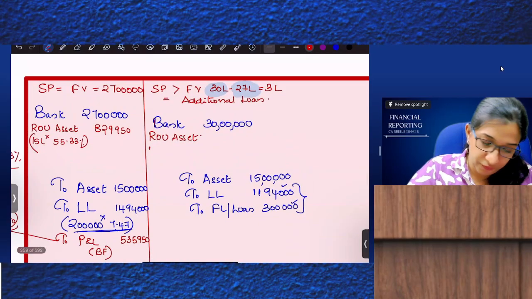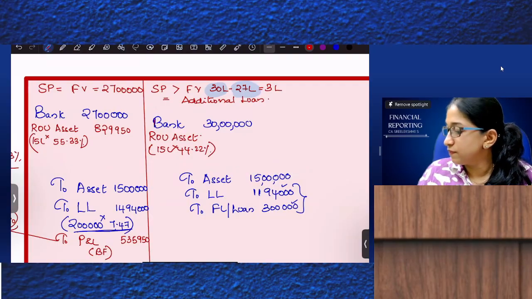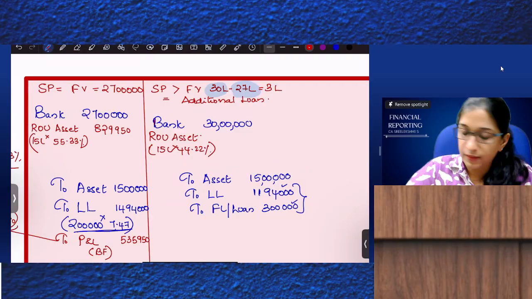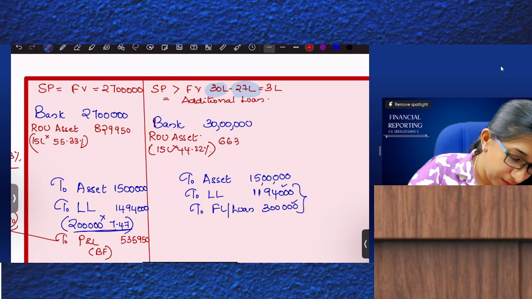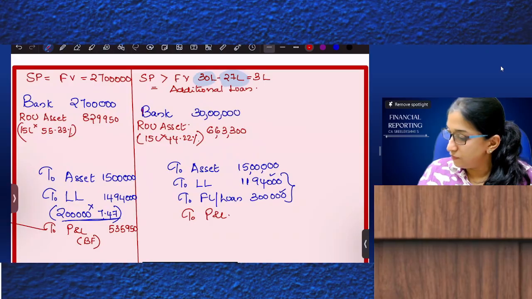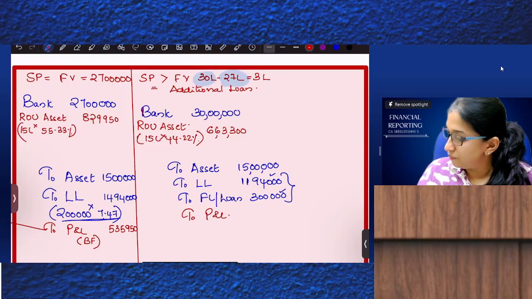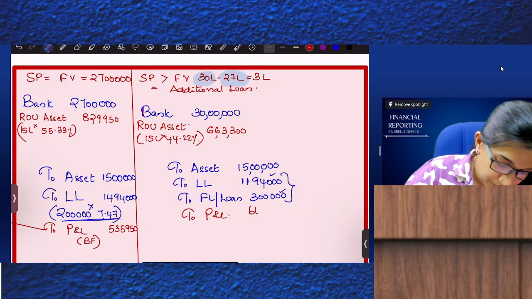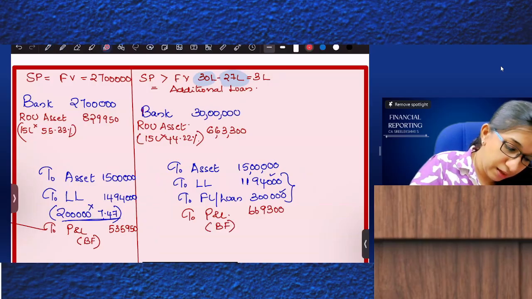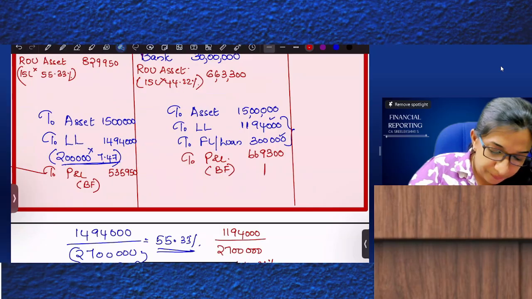So it is 15 lakhs into 44.22%, which is 6,63,300.